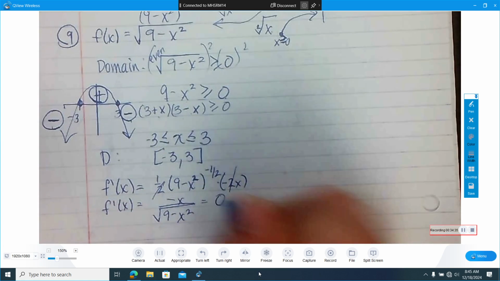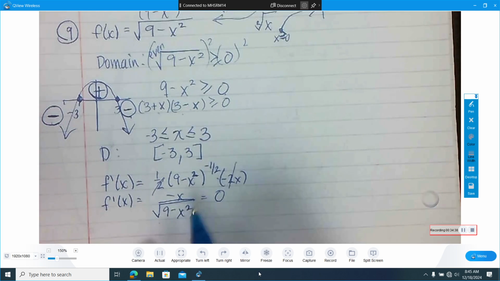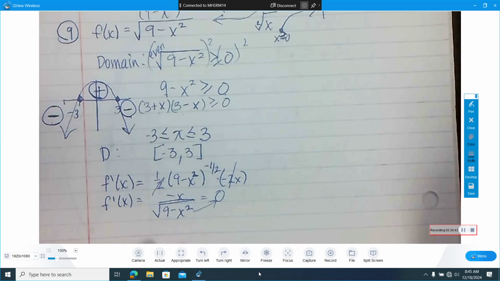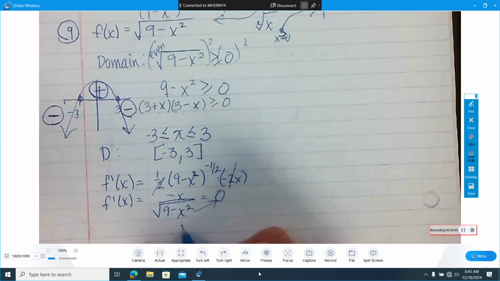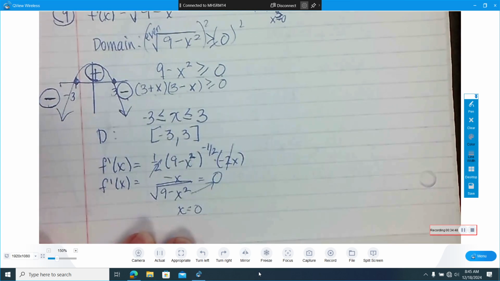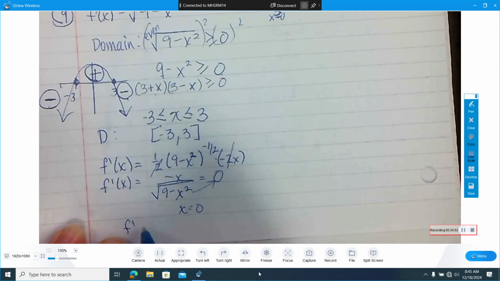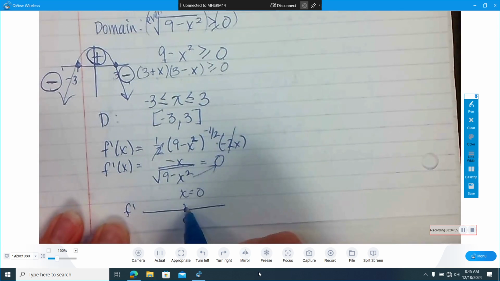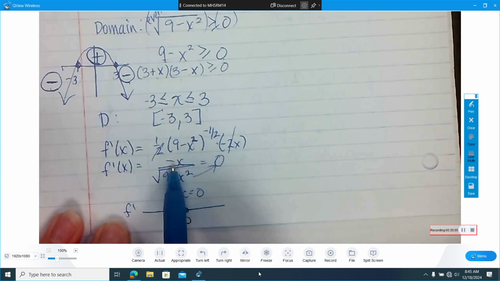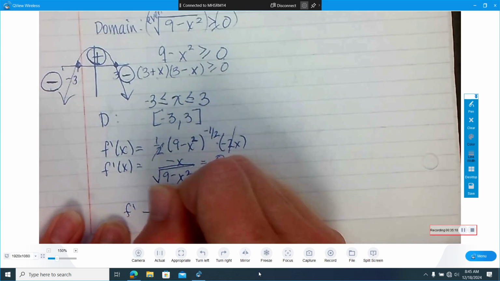But we can set this thing equal to 0. If we were to do that, we would cross multiply. The denominator goes away because 0 times the denominator is just 0. So we get x is equal to 0. So that is a critical number. So f prime at 0. If I plug in negative values, like negative 1, I'd get positive on top and positive on the bottom.